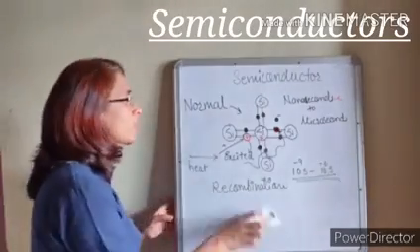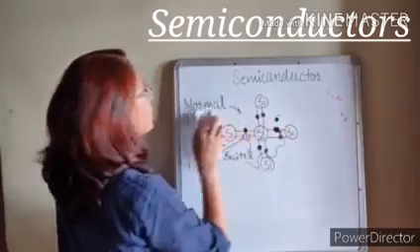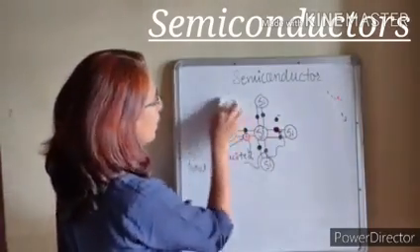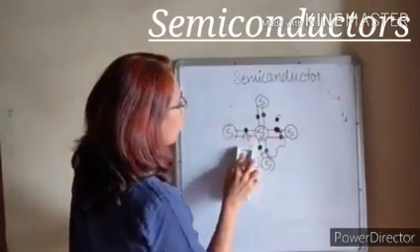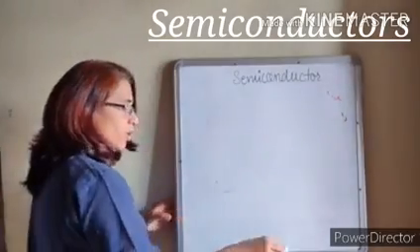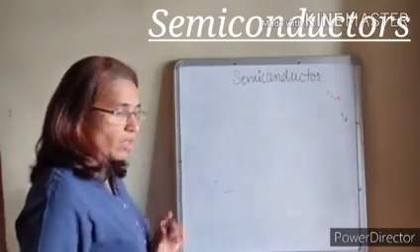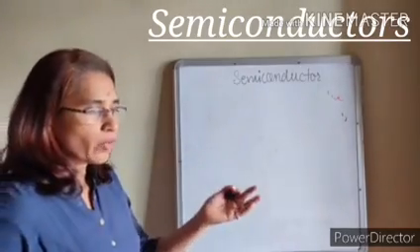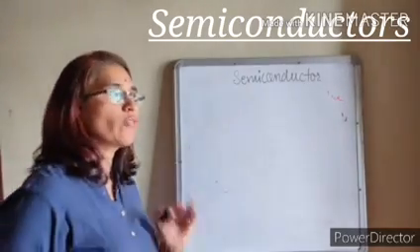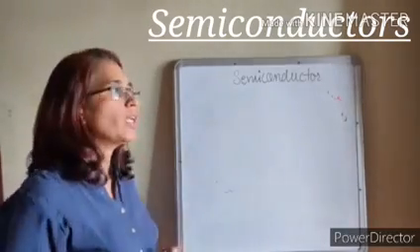There is one more type of semiconductor, which is called an impure semiconductor. Now we have seen the pure type of semiconductor, the crystal of silicon having all the atoms of a single element.